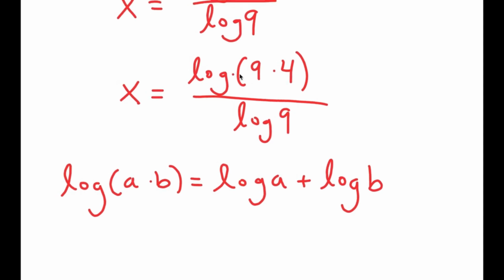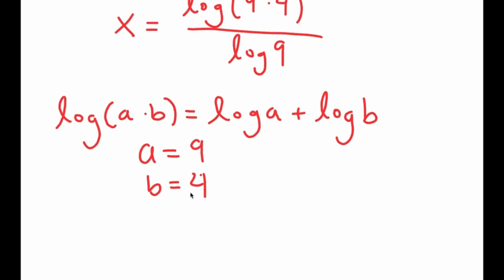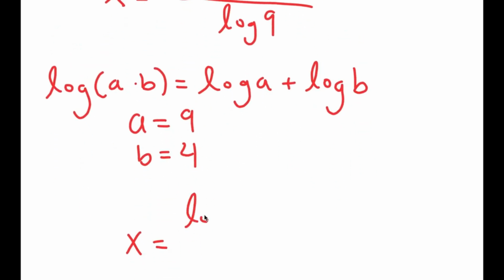So in this case, I have log 9 times 4, and we can say that a is 9 and b is 4. So this turns into log of 9 plus log of 4.